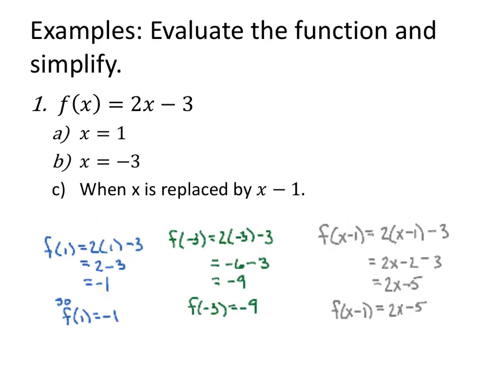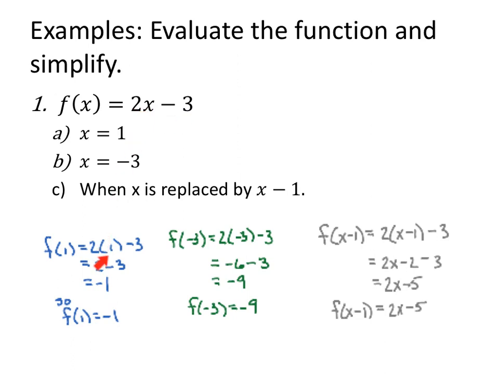Alright, so how do we evaluate functions? I made a point of saying that this is not multiplication, it's evaluation. So what we do is we use this idea of parentheses a lot, parentheses around the x here. When I substitute x equals 1, I'm going to take this x and replace it by a 1. And on the right-hand side of the equation, I'm going to remove this x, the 2x minus 3.